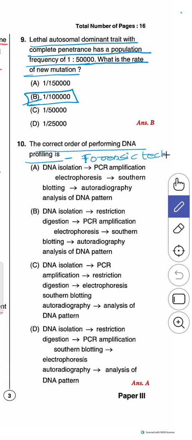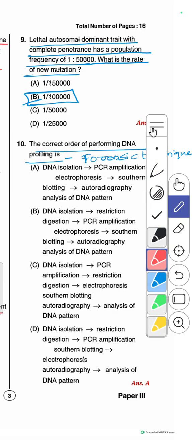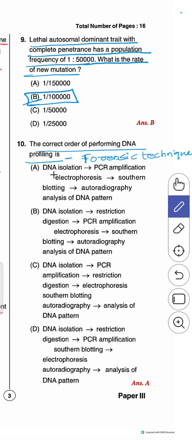In this technique, we first do DNA isolation, then PCR amplification, that is polymerase chain reaction, through which we can get multiple copies. After getting multiple copies, we do electrophoresis, the method where the DNA fragments get separated according to their sizes.